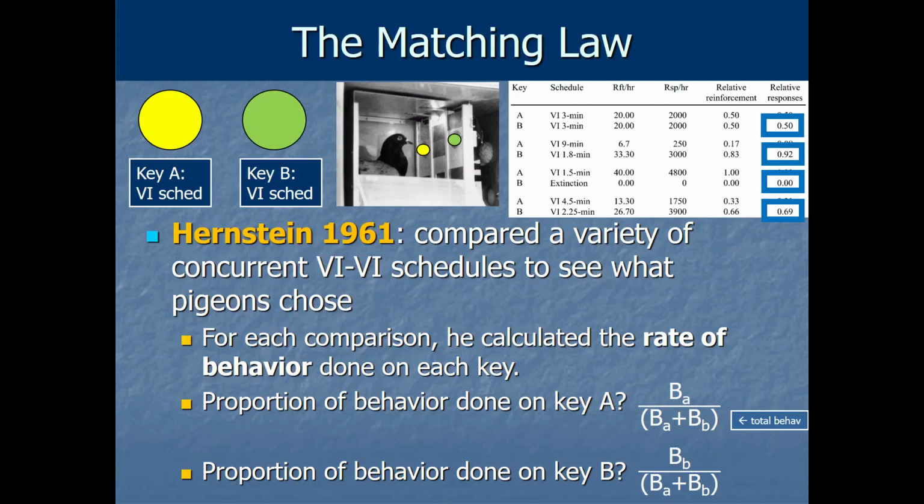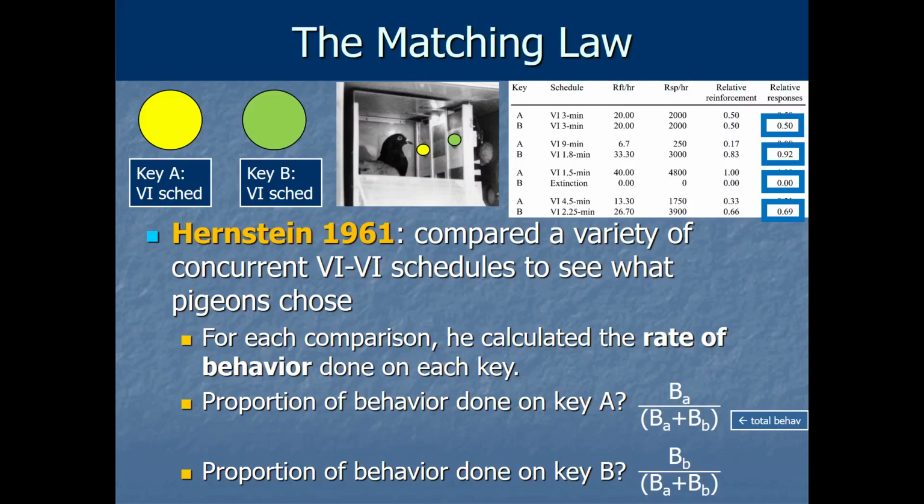Which is the same thing as I could calculate it out, right? I could plug it into this very simple little equation and say, how many behaviors did they do on key B? And we've got 3,000, right? Out of the total pecking behaviors, which was 3,250 in that experiment. So on key B, they did 3,000 out of the total 3,250. That's about 92%.